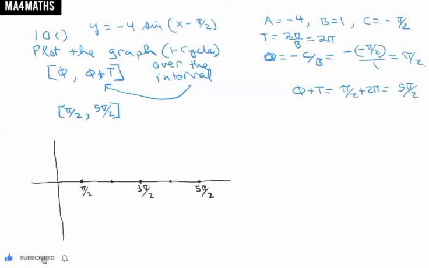And if you find the midpoint between pi/2 and 3 pi/2, you add these two, you'll get 4 pi/2, which is 2 pi. 2 pi divided by 2 is pi. And then if you add these two, you'll get 8 pi/2, which is 4 pi. 4 pi divided by 2 would be 2 pi.